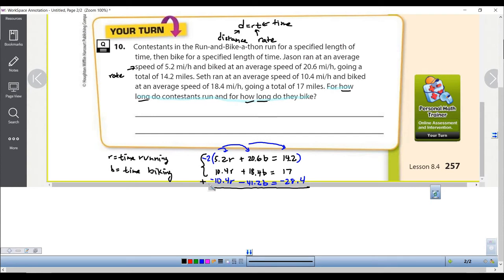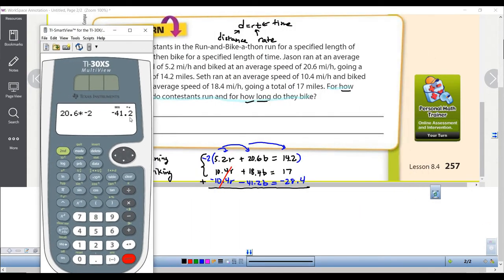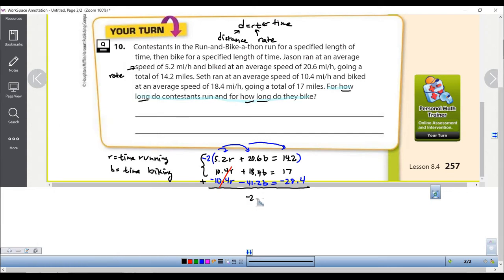Why are we adding? Because we created a pair of opposites. And when we do that, these cancel, and we get negative 41.2 plus 18.4. Let's use our calculator there. The negative 41.2 is already in my calculator, so I add the positive 18.4, and I get negative 22.8b.